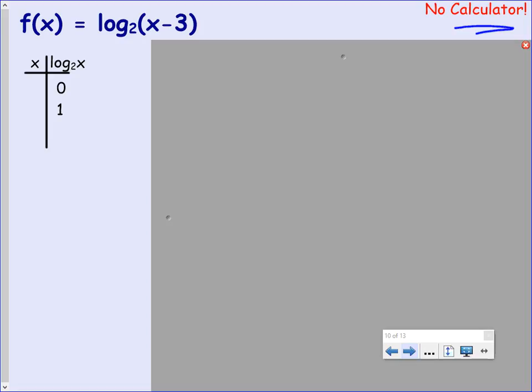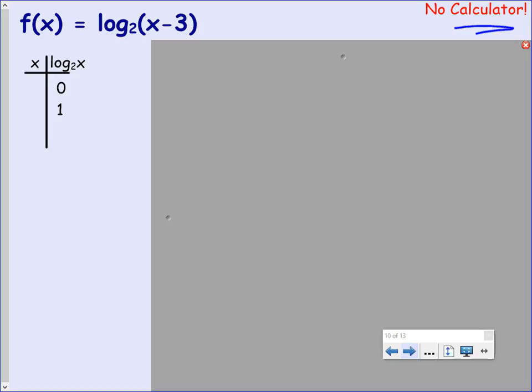Like on that previous slide, if I had tried to evaluate the log base 2 of 6, I don't know what exponent of 2 gives me 6. I can estimate it, but I don't have an exact value. So by using this method of shifting the basic log graph, you're better able to find points, and it won't eat up as much of your time.